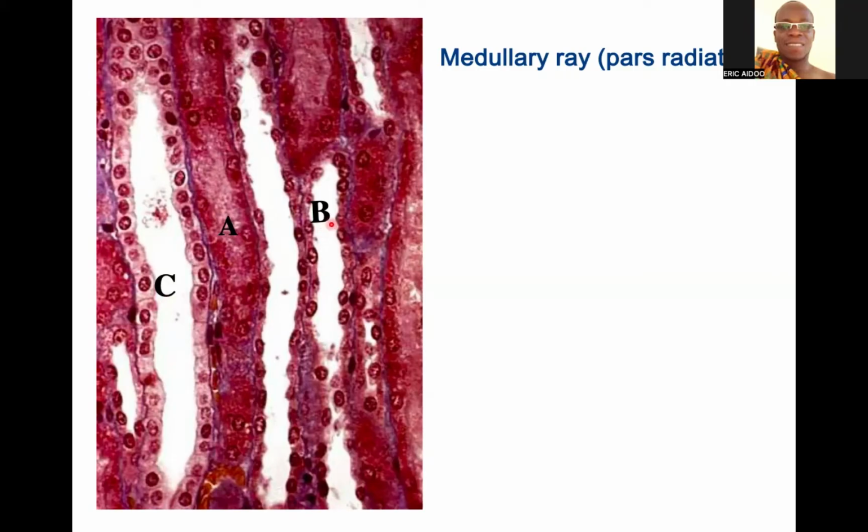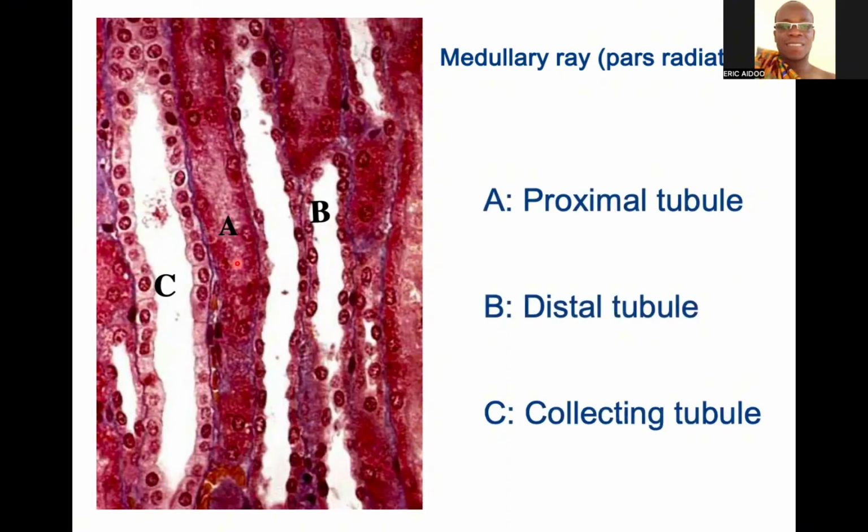You can also tell that B's diameter is smaller than that of C, so C is wider than that of the B. So C is the collecting duct, B will be distal convoluted tubule, and A will be proximal convoluted tubule. So that is the emphasis. That's the way you differentiate between them.